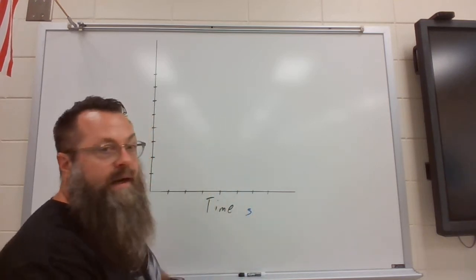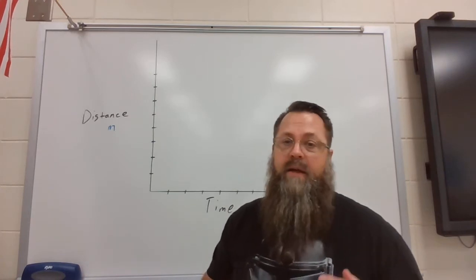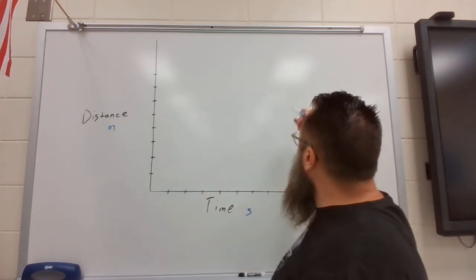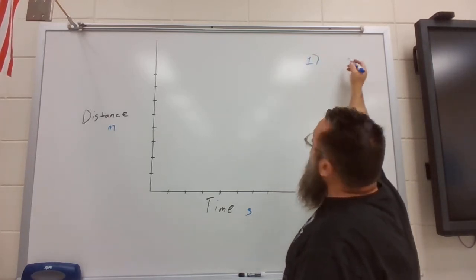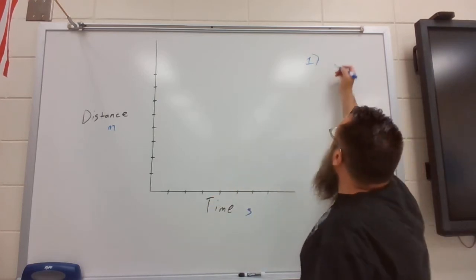Let's say we have an object that is moving at a speed. Because we don't know the direction, we're just going to go with a speed. Let's say object number one is moving at 1 meter every second.